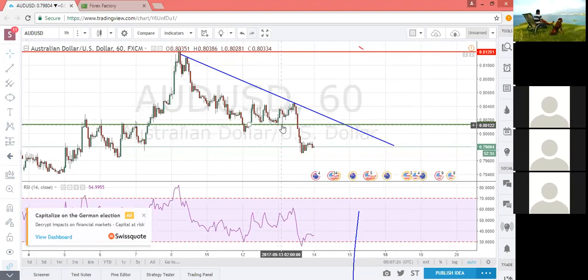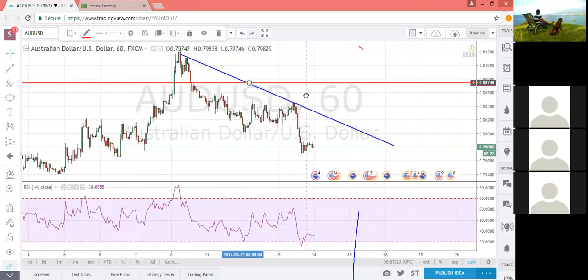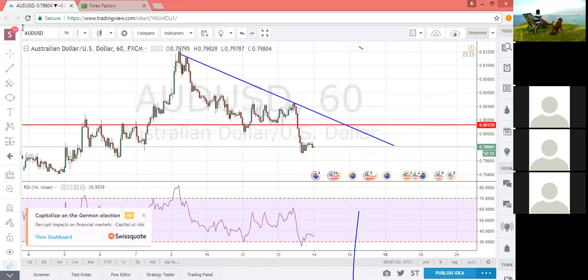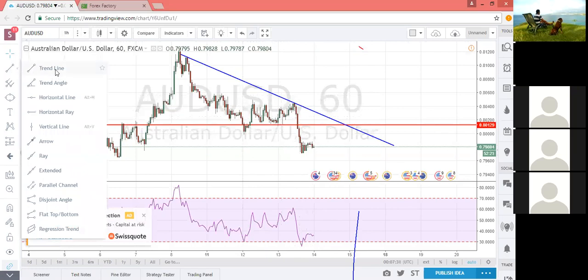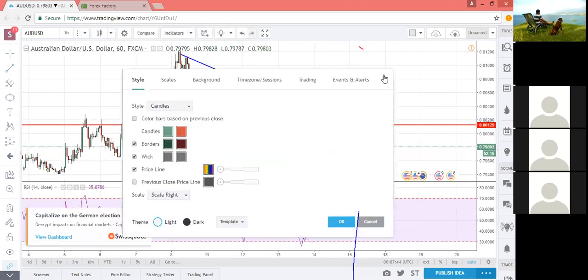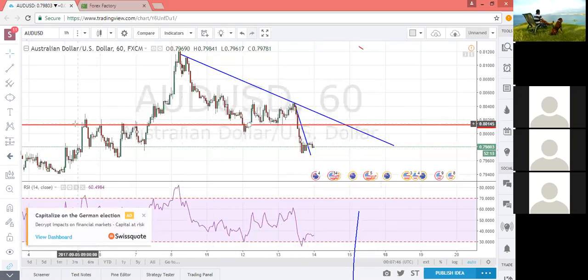Since it has been broken, we would consider it an area of newfound resistance, right? So basically the market switched on us. So you had this nice break here where you had this strong downtrend. Right, you had this nice strong downtrend. So after having identified this was a level of support previously, it has been broken, it has now become resistance.